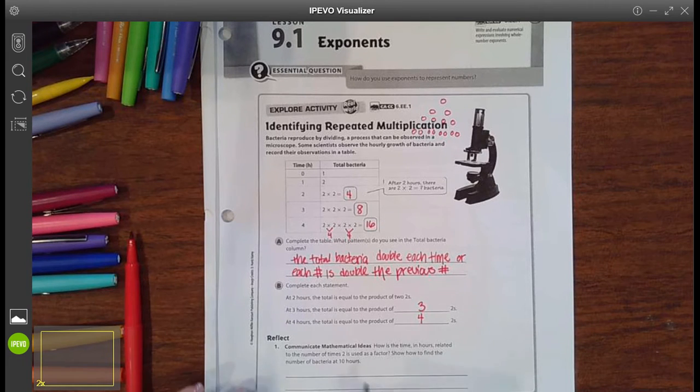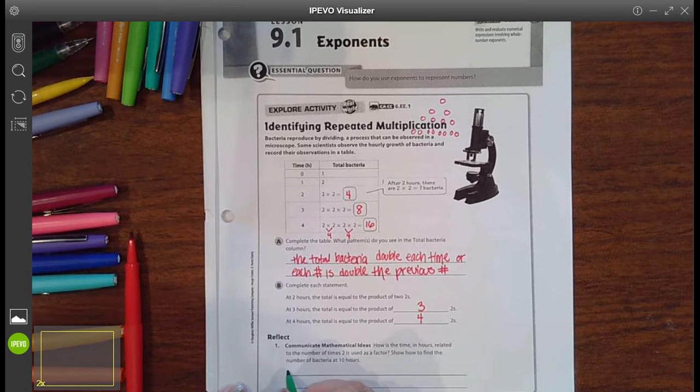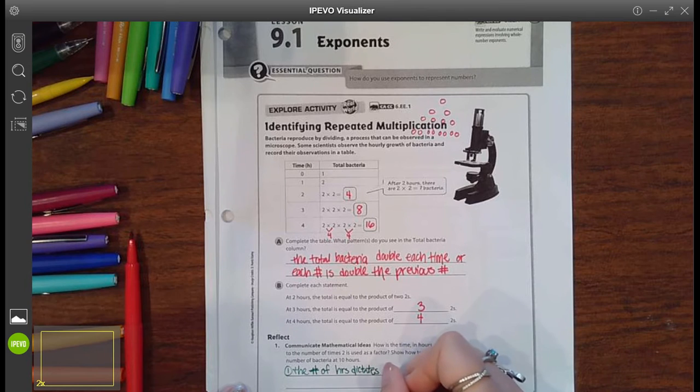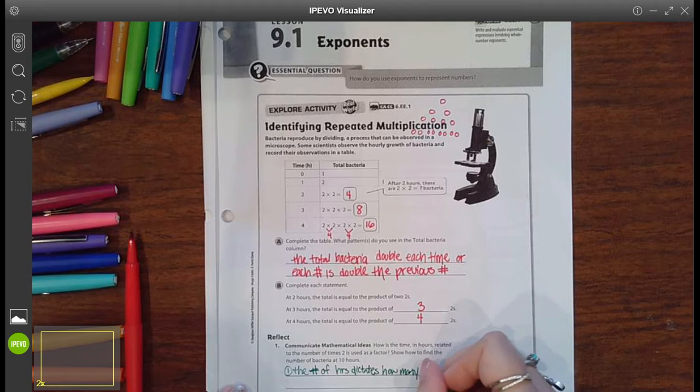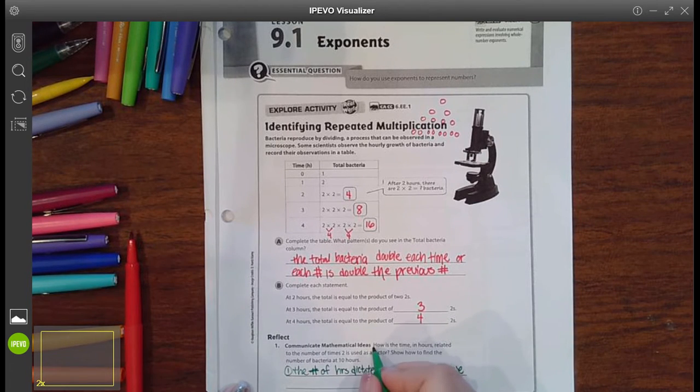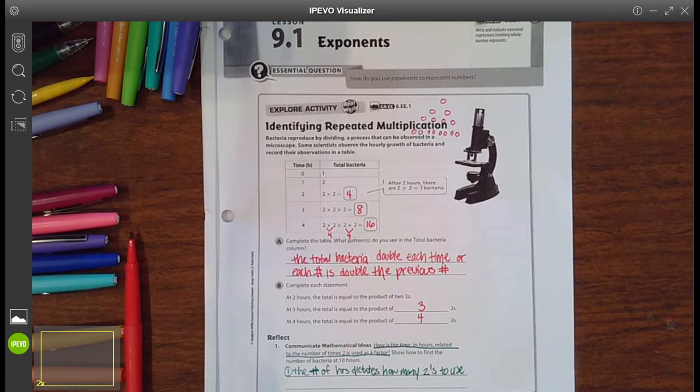Well, I'd say the number of hours dictates how many 2's to use. Right? Isn't it? So at 3 hours, you used 3 2's. At 4 hours, you used 4 2's. So that was the first part of this question.